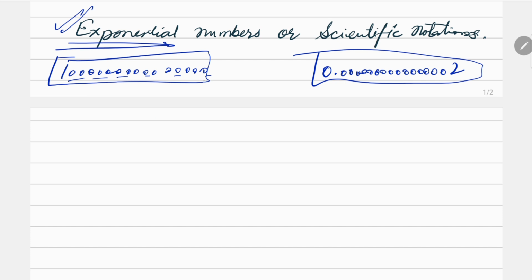As you can see, there are so many zeros and they are multiples of 10, so obviously they are written as 10 to the power x. Suppose x can be positive, and x can also be negative. These scientific notations also have a numeral value, which is represented as n.